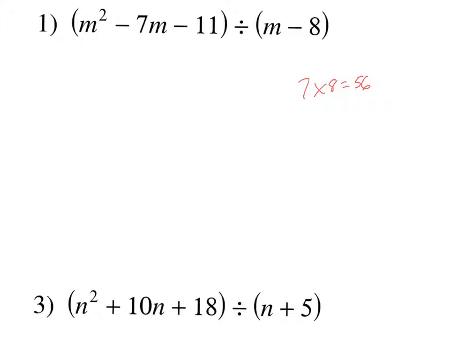Whenever you think about a problem like 56 divided by 8, what you're really thinking about is 8 times what number will give us 56. So we're trying to find this missing number. Essentially, that's exactly what we're going to be doing today.